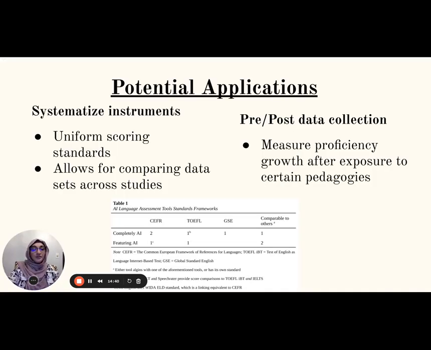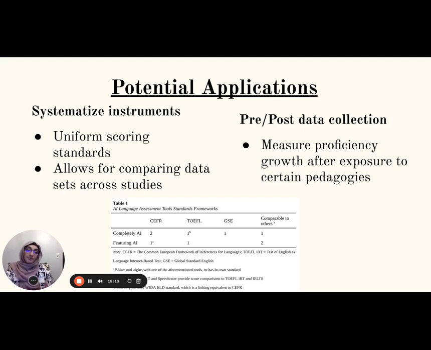Potential applications include the systemization of instruments, because we can create uniform scoring standards. And because the scoring standards are uniform or aligned, it can allow for us to compare more data sets across studies, a richer analysis, or wider data sets of content research or literature reviews.